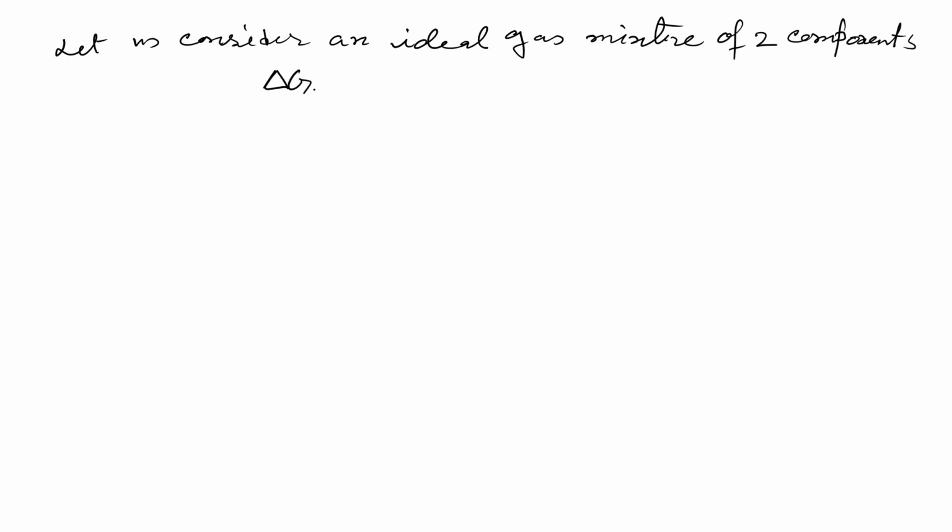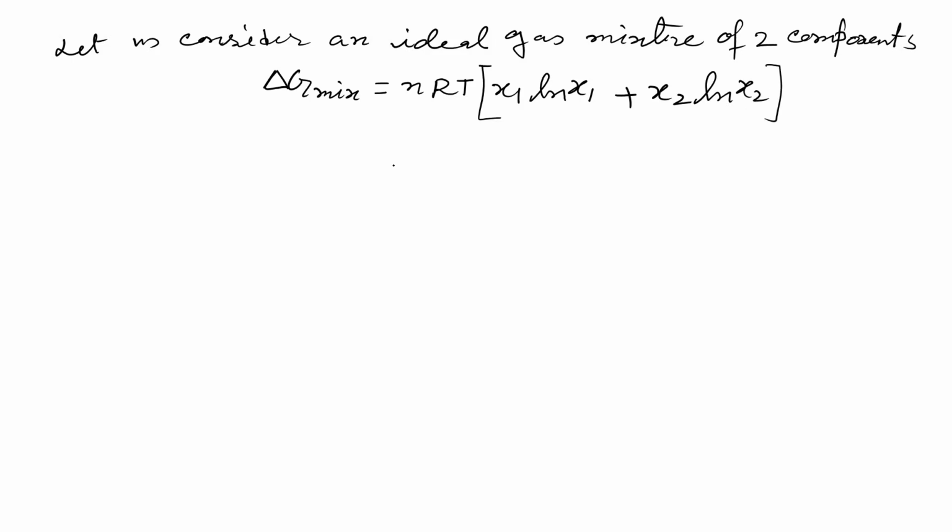So delta G mixing, what will it be? nRT, then x1 ln x1 plus x2 ln x2, right? x1 is the mole fraction of component 1 in the mixture. x2 is the mole fraction of component 2 in the mixture.